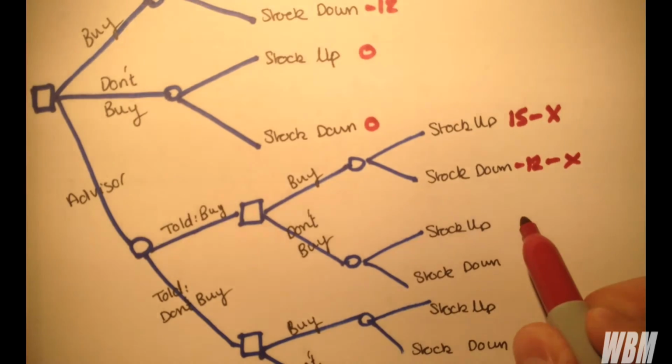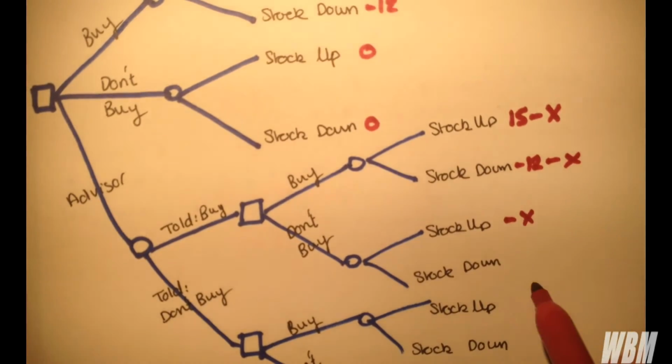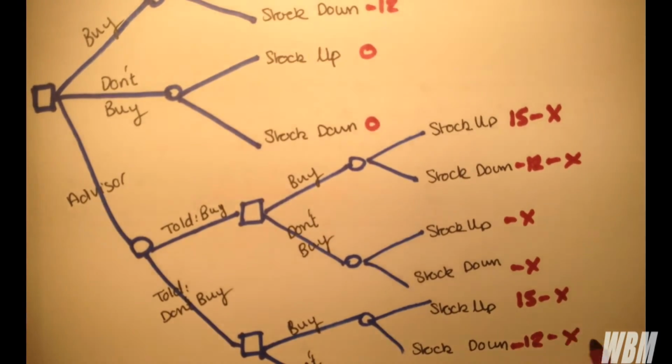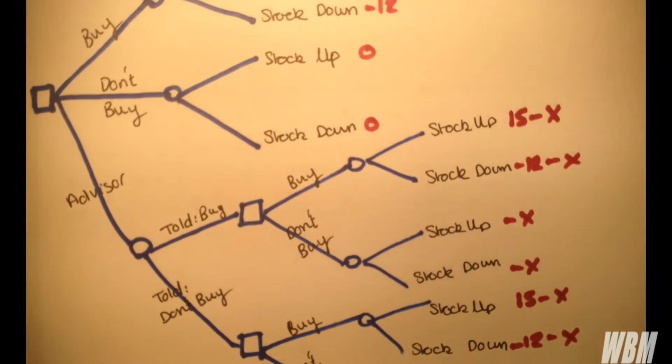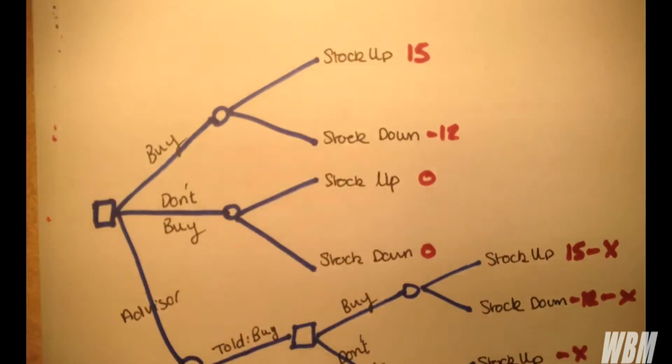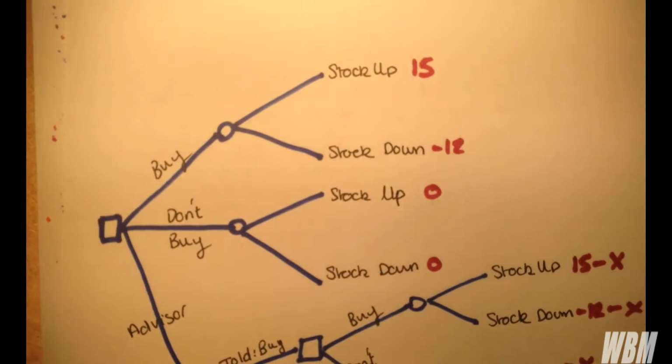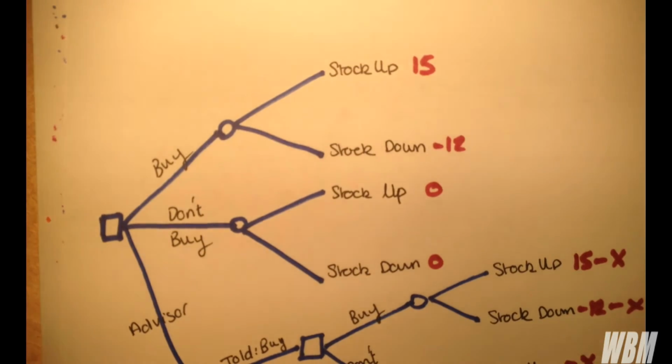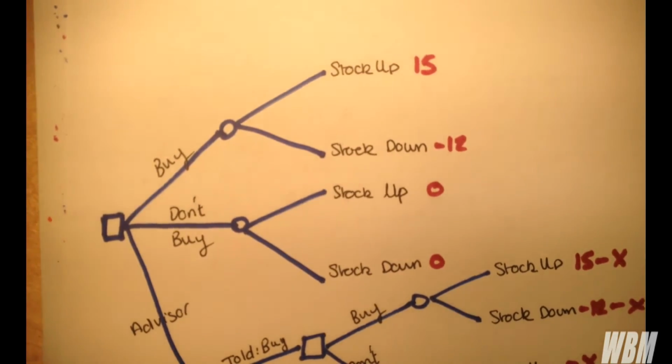If we don't buy, we still have to pay for his advice, and the same follows down here. No matter what advice he tells us, we're still paying him X amount of money. So what we've done now is we've calculated the return for every combination, and that should, in theory, tick off part 2.